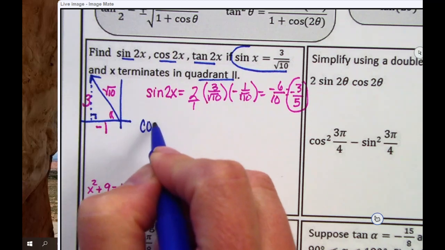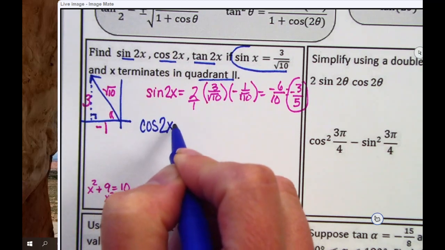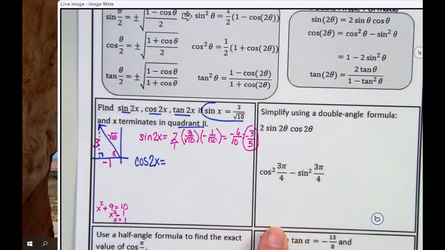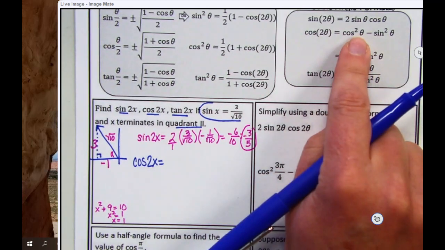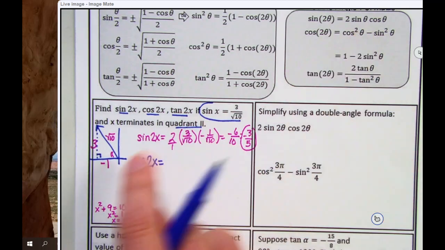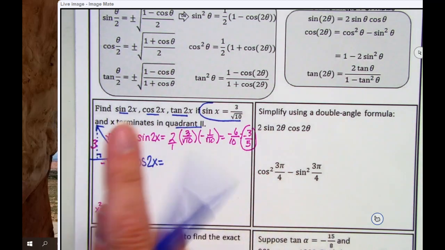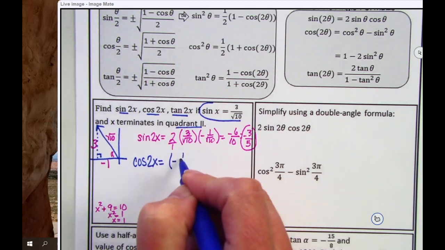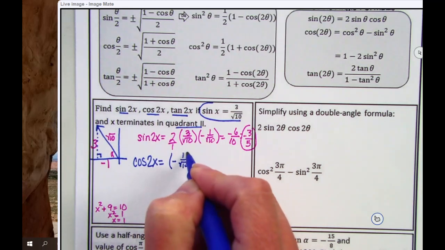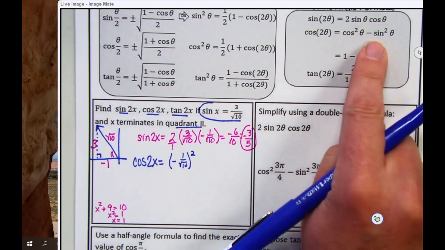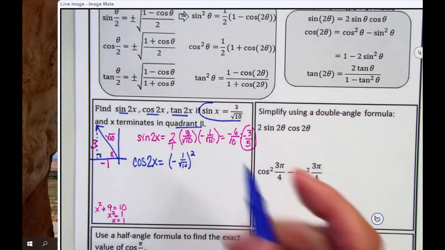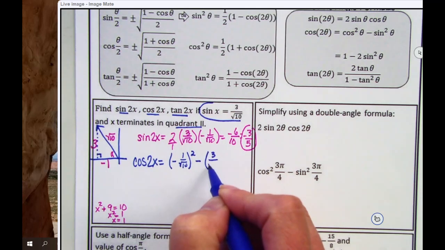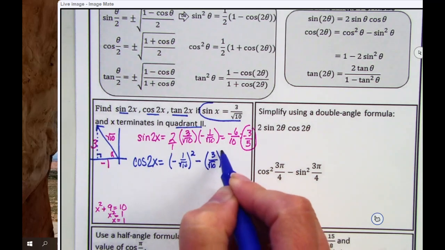All right, let's go do the cosine of 2x. We'll follow our formula. It says cosine squared, so let's find the cosine. The cosine is adjacent over hypotenuse. So negative 1 over the square root of 10, squared, minus the sine squared. Sine is 3 over the square root of 10, squared.